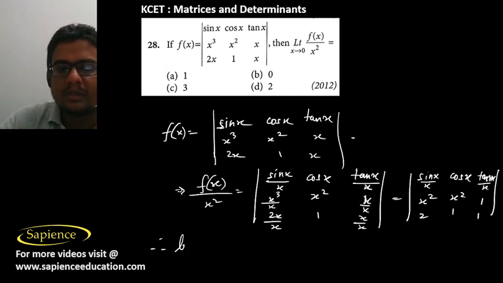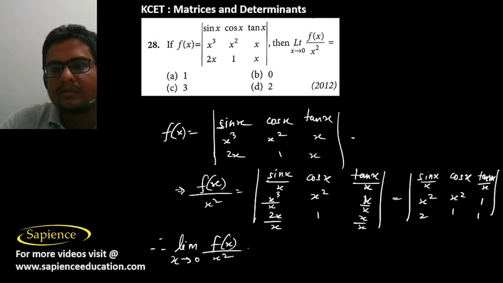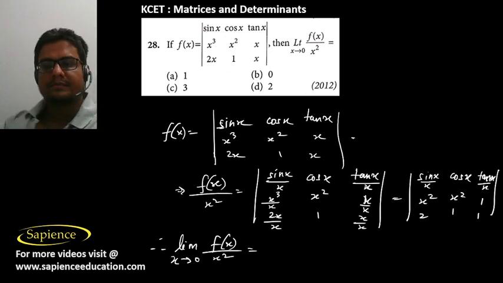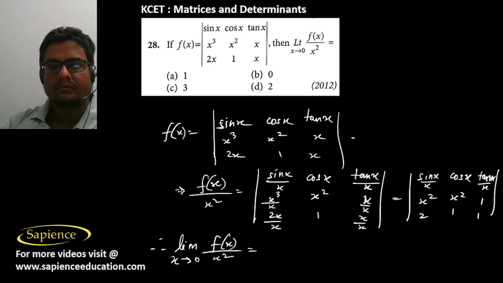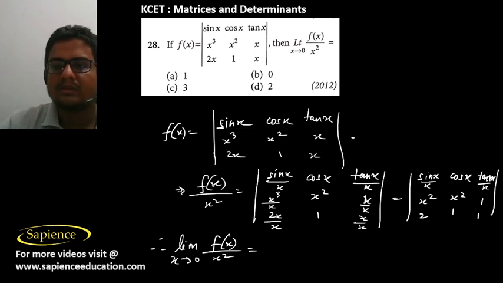So therefore the limit as x tends to 0 of f of x by x square will be equal to, so we cannot apply the limit in only one of the rows. We have to apply the limit as x tends to 0 in all the elements.